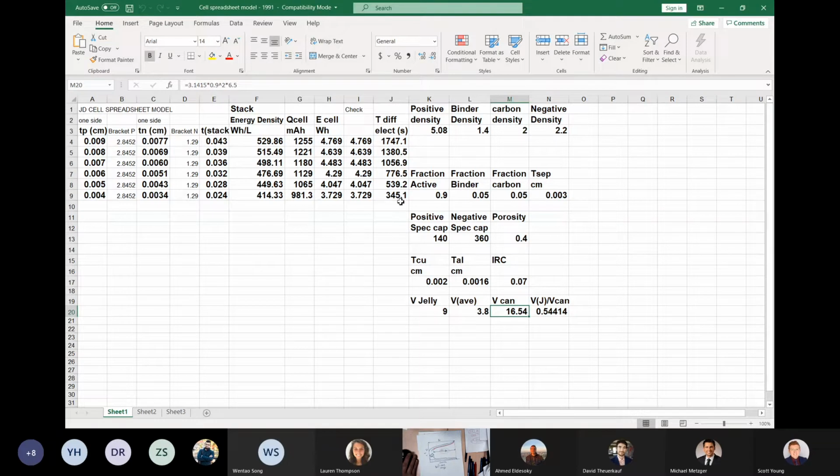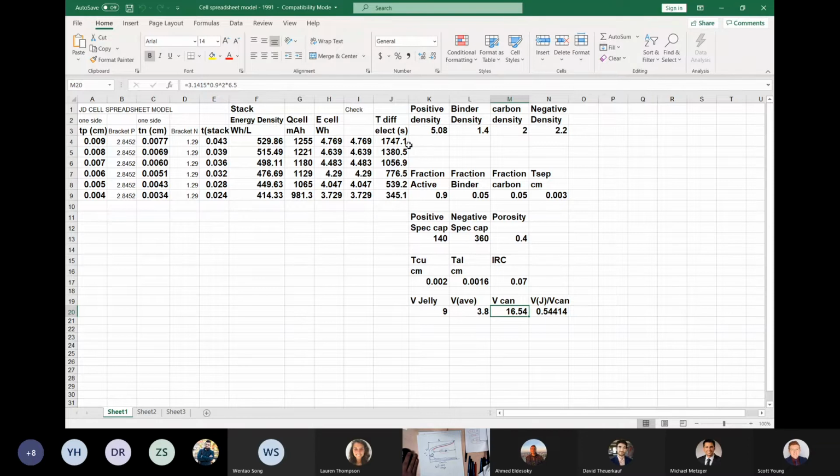Now, there's one other thing that's shown here, and this is the estimated diffusion time for a lithium atom to go from one electrode to the other, from the back of the negative to the back of the positive.